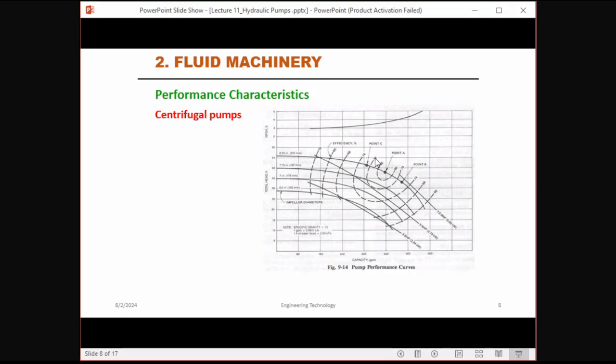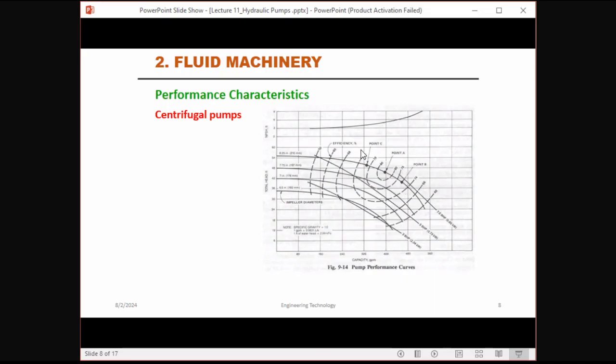Here you can see point A, point B, point C on this line. Point A represents a high efficiency operating condition for a medium size impeller. Then point B indicates a low efficiency area, possibly due to a suboptimal operating condition or a mismatch between pump size and application requirements.